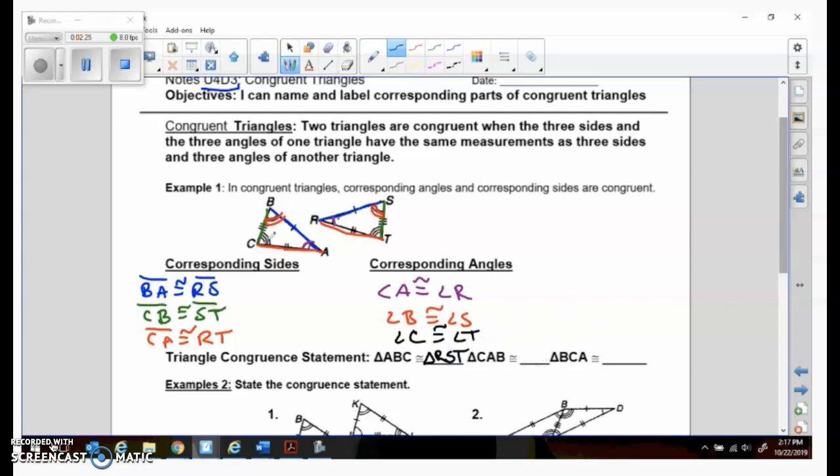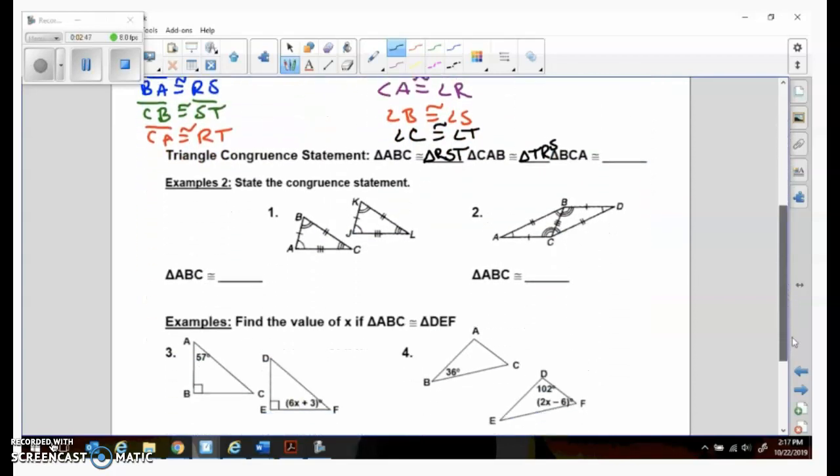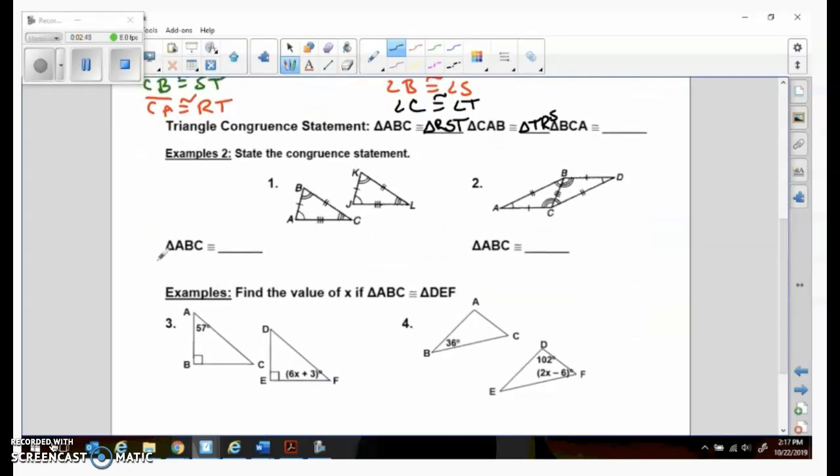Now, you can name a triangle using any order of letters that you want. So if we call this CAB, then we would say that it's congruent to triangle TRS. We're running out of space here. And then you can figure out what BCA would be equal to.